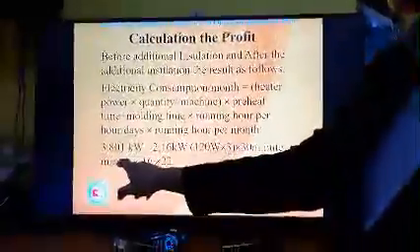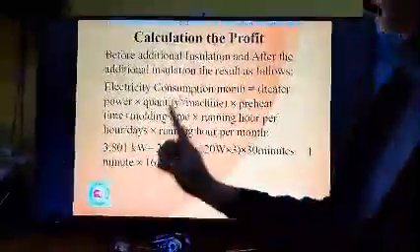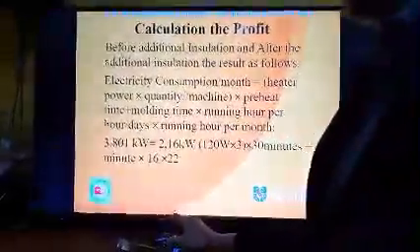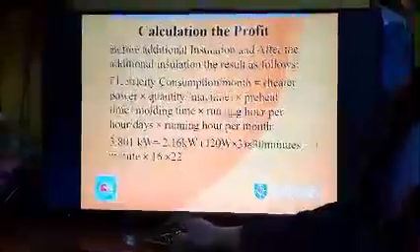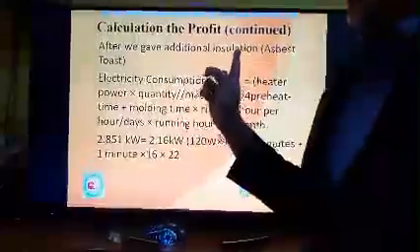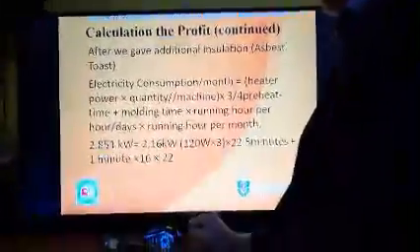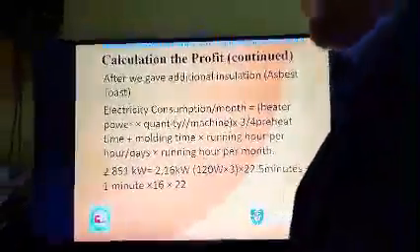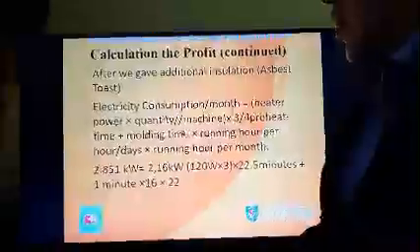This is the nominal consumption of one molding machine for the preheating process before we gave insulation. So how about after we give the additional insulation, asbestos? We get a reduction of around 1,000 kilowatt hours per machine.